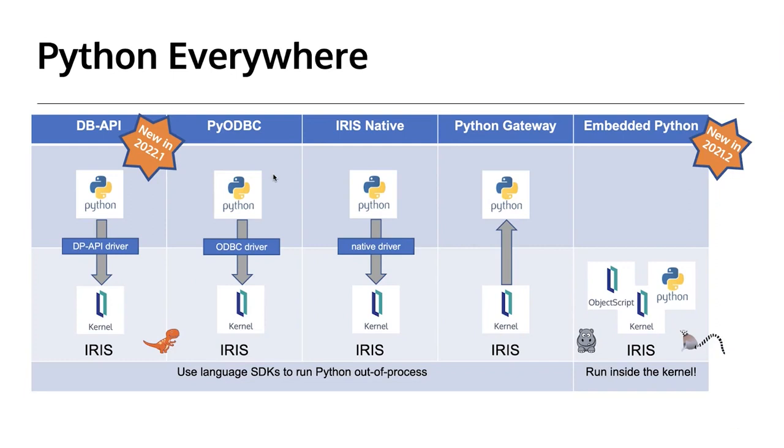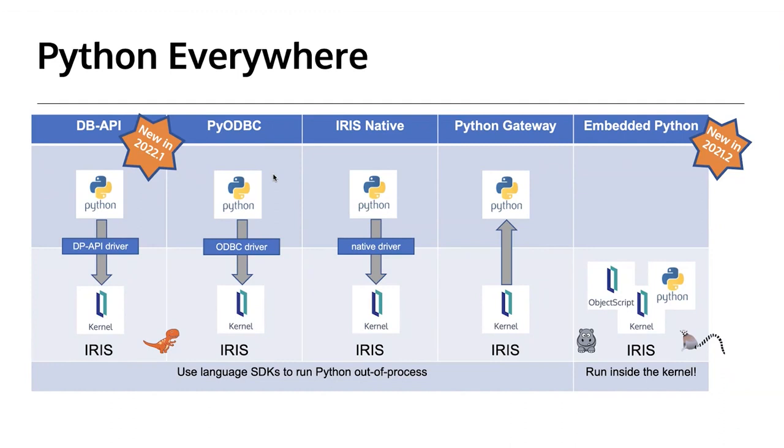Finally, which is only about 5-6 months old now, is embedded Python, which allows you to communicate with IRIS in process. Python code and your data in IRIS sharing memory, no latency or very low latency. The potential for the most highly performant applications that you can build. But we'll get to that in a minute.